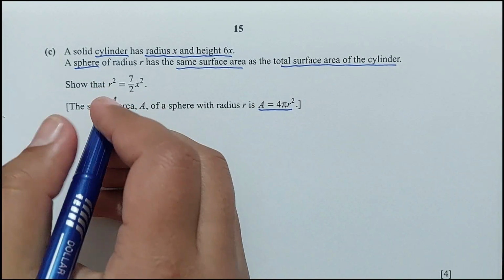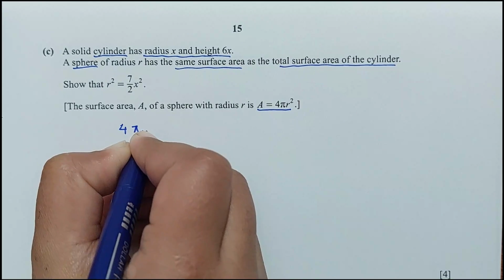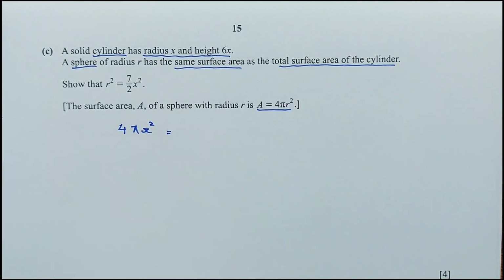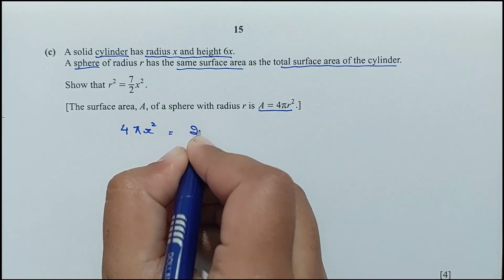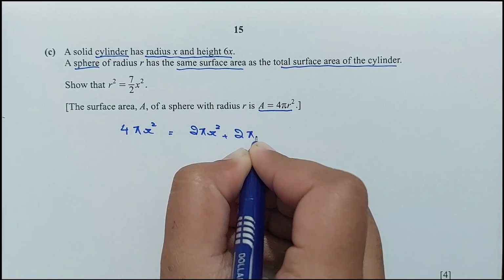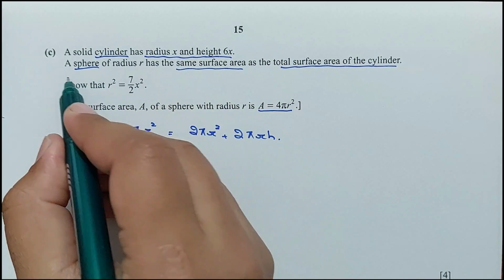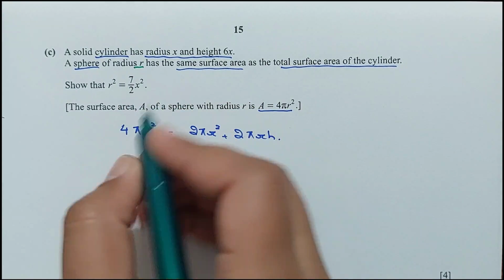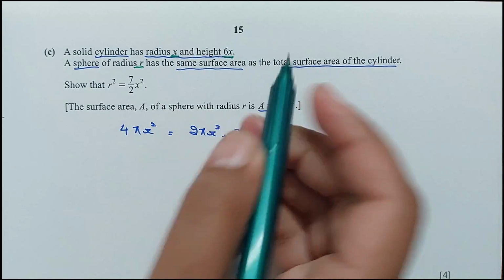The surface area of a sphere is 4 pi r squared. This equals the total surface area of a cylinder, which is 2 pi r squared plus 2 pi r h. Now the sphere has radius r, but the cylinder has radius x and height 6x.